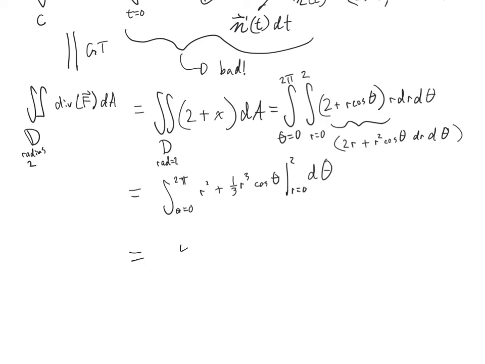Which gives me 4 plus 8 thirds cosine theta, and at 0 everything disappears.